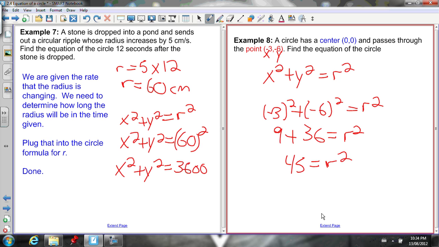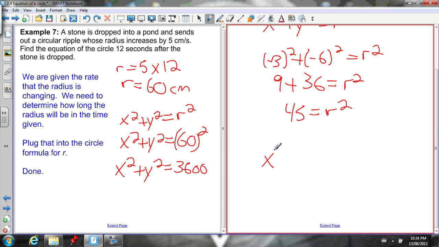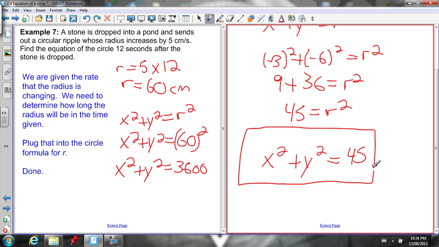So my r squared value is 45. When I write the final equation of a circle, I plug in for r squared, not x and y, just r squared. I don't plug in for x and y because this is the general equation for all points on the circle. All points have an x and y coordinate.